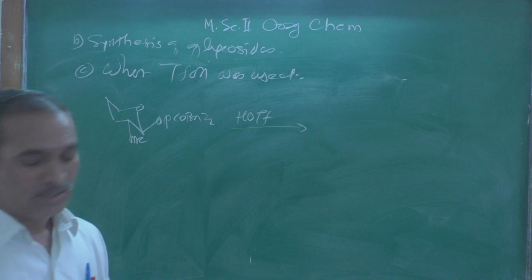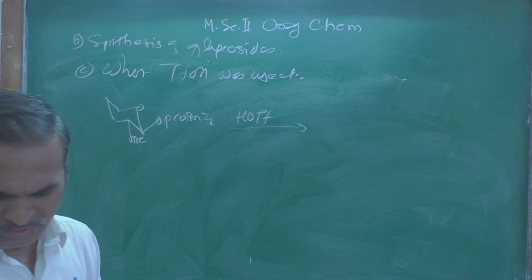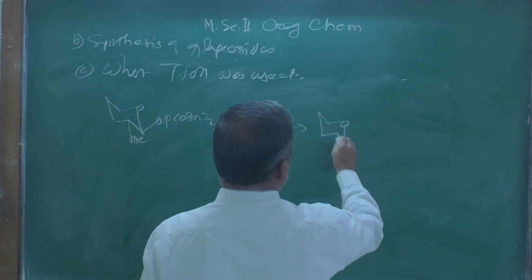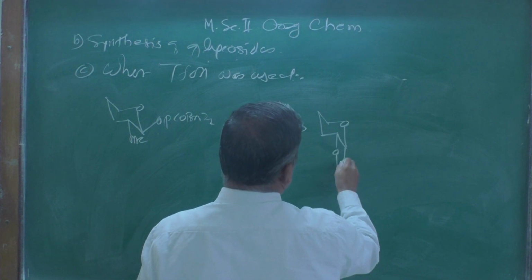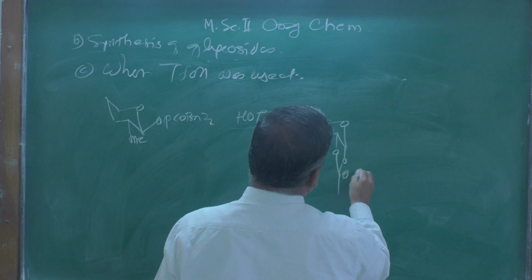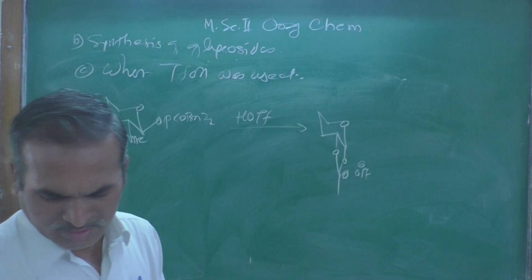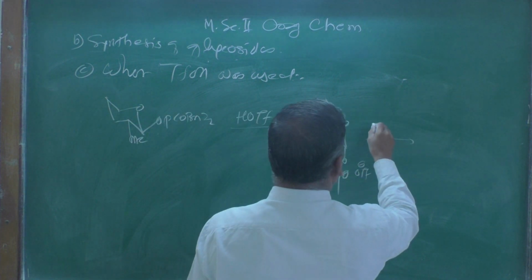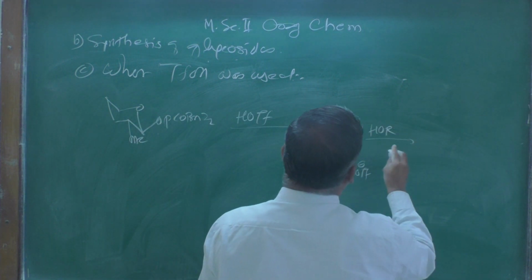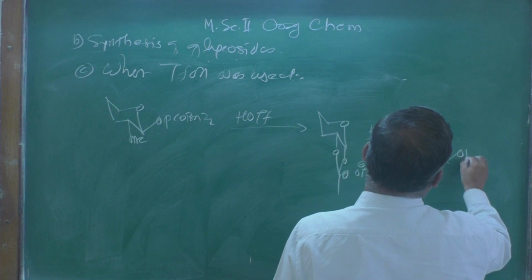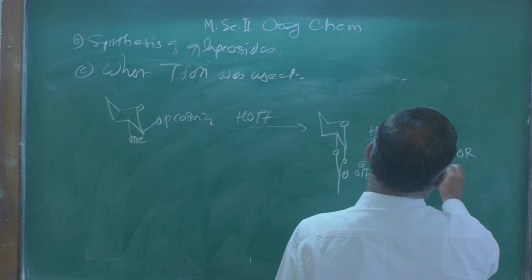HOTf, that is triflic acid. You may get over here this one O, this one positive charge OTf minus charge like this, and then it will be treated with alcohol. It gives this one as usual OR, and here is OAc.